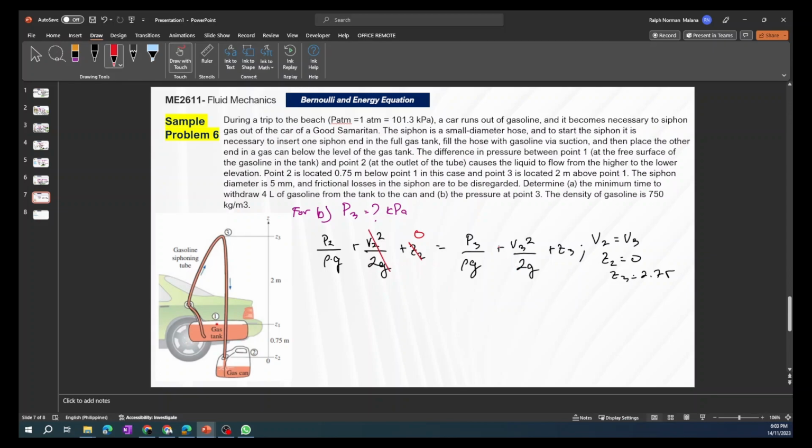This one's going to cancel out. And we have Z3. And P2 here is simply P atmospheric. So our final equation is P atmospheric over rho g equals P3 over rho g plus Z3.